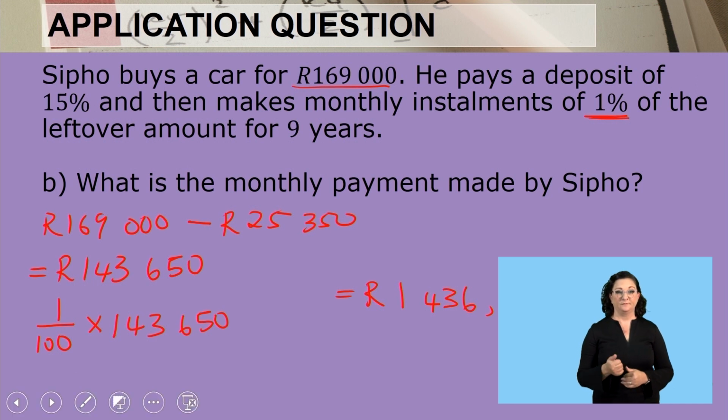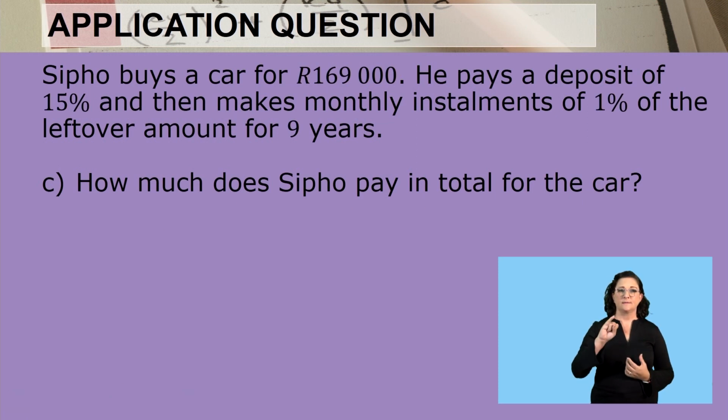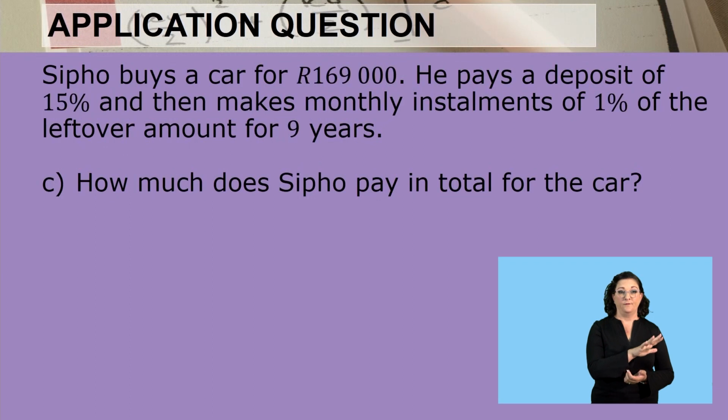Then let's move to the last part of the question. The last part asks, how much does Sipho pay in total for the car? We need to note, Sipho paid a deposit of 25,350, and also pays 1,436 rand on a monthly basis, for 9 years.